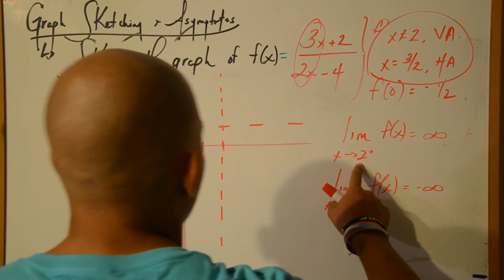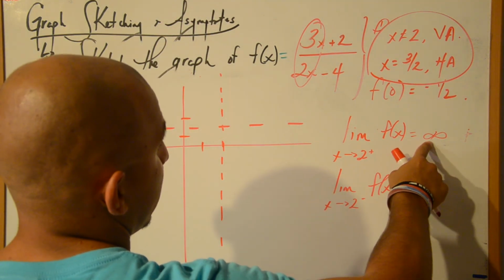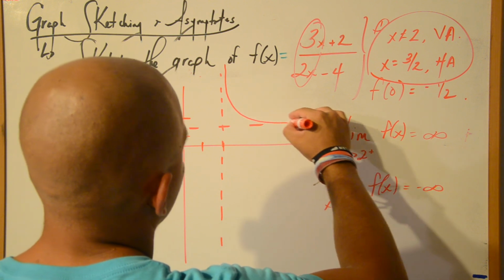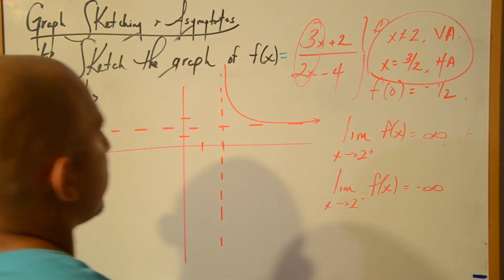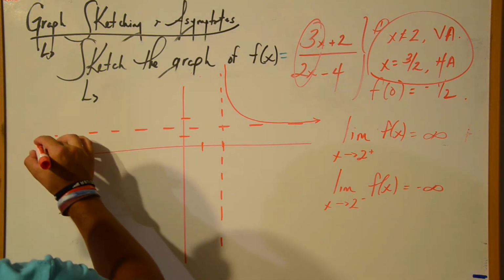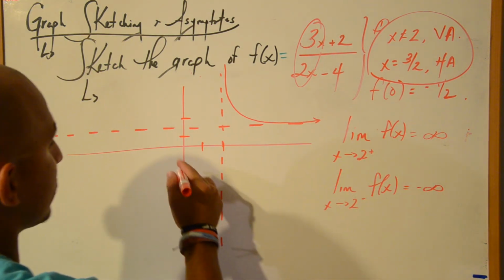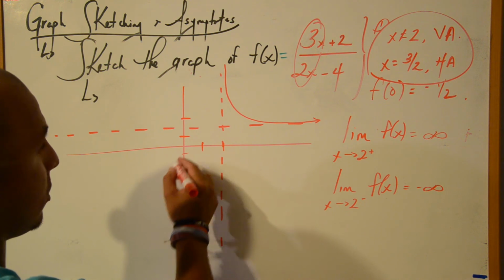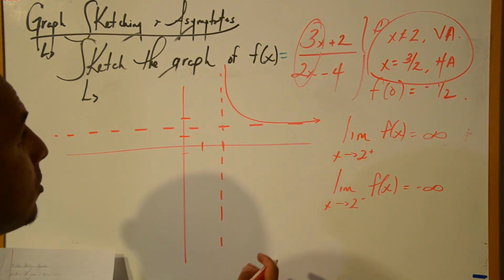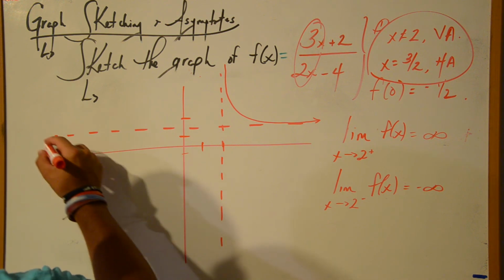So if from the right, as I approach 2, it's going to tend towards positive infinity, I'm going to come down and coast along that. And then if I have decreasing behavior but a horizontal asymptote here and a y-intercept of 0, negative 1/2, that means I should be crossing through the x-axis at some point.